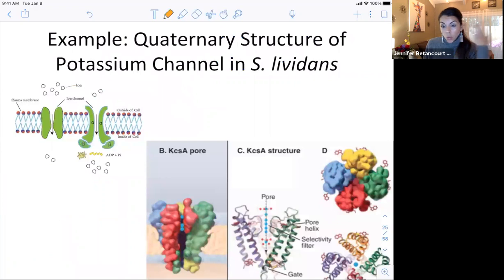And I'll give you one more example just to really show how this is relatable. So this is a potassium channel. We know that certain electrolytes or ions have to come in and out of the cell, and this helps balance the tonic environment, or it actually excites certain cells like neurons.